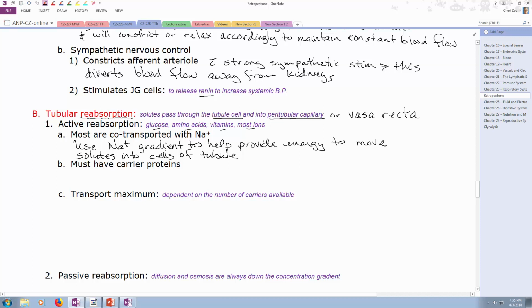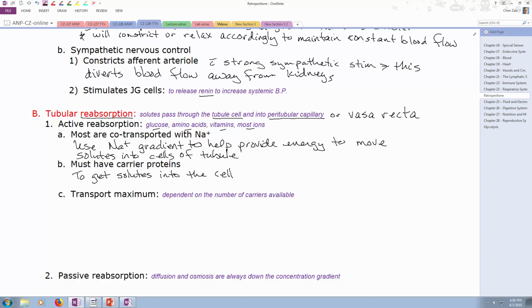This is going to require carrier proteins. Those are transmembrane proteins with a channel in the center. This is to get solutes into the cell, as well as get solutes out of the cell on the basilar side, and therefore then into the bloodstream.